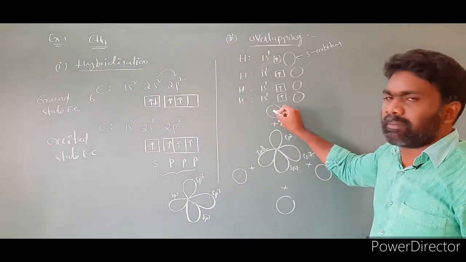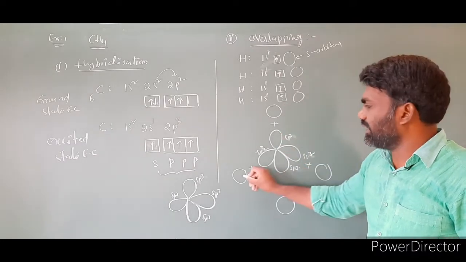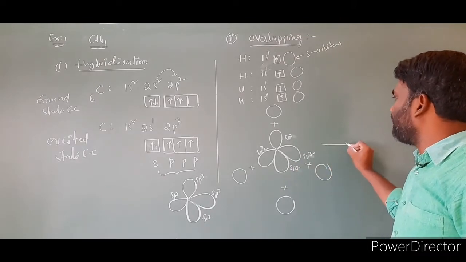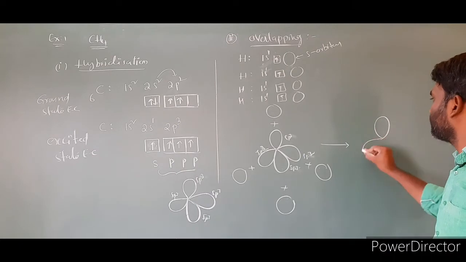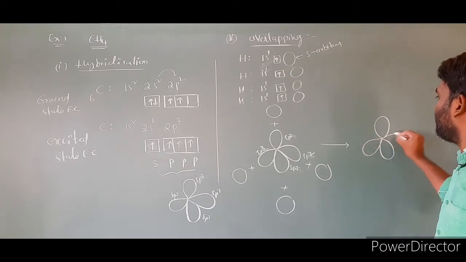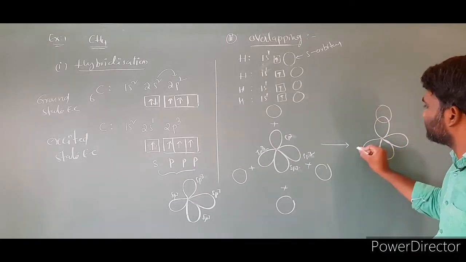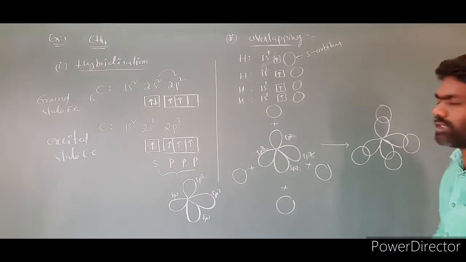Overlapping between this s orbital and this sp3 hybridized orbital. Here also overlapping, these two overlap. After overlapping, the structure we can expect is like this. Then we do overlapping like this. Overlapping is done.